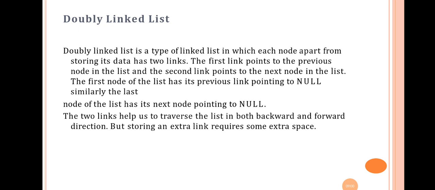The center field is the data field, the first field is the address of the previous element, and the last field is the address of the next element. The first node of the list has its previous link pointing to null. Similarly, the last node of the list has its next link pointing to null. The two links help us to traverse the list in both backward and forward direction, but storing an extra link requires some extra space.